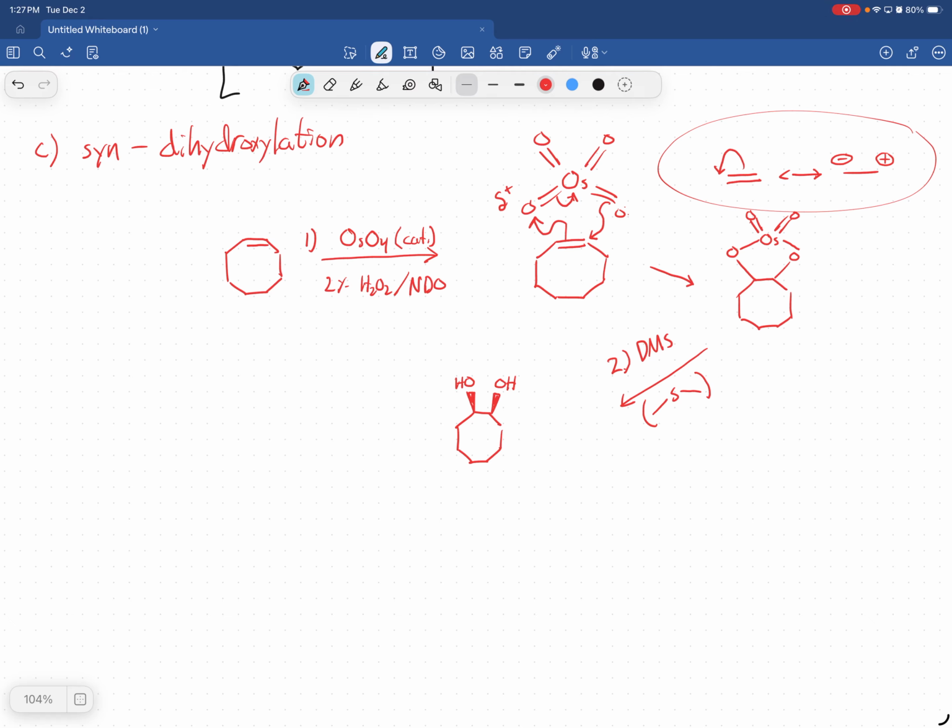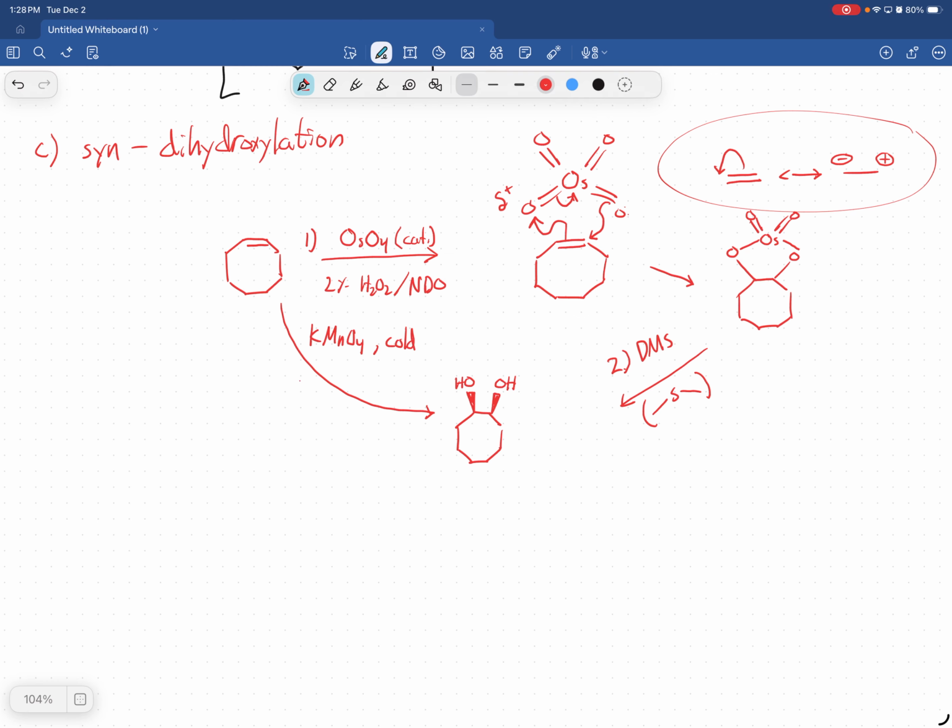So what other syn reactions did we have? Oh yeah, I should also mention that there's another way to do this. I think it was presented in the homework. You can use KMnO4, potassium permanganate. It has to be cold, and it has to be at a very high pH.